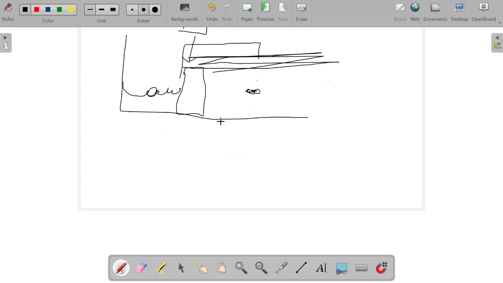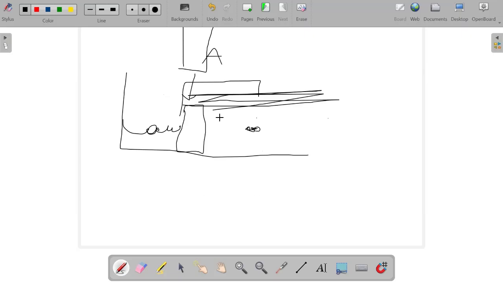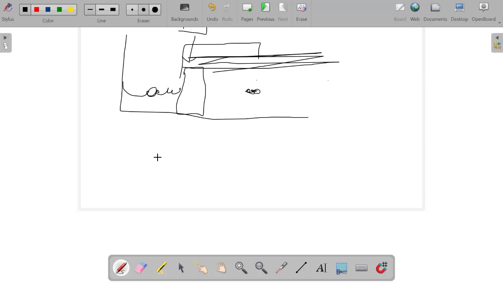Now, does its max speed change? Think about this for a second. Okay, the answer is yes, the speed does change. Why? Well, the max energy in the system is still exactly the same. We're still going to have the same max energy, E max.